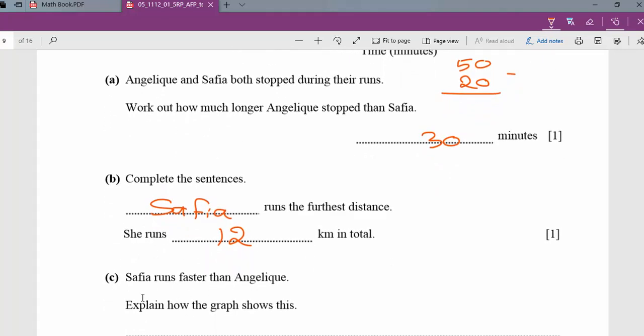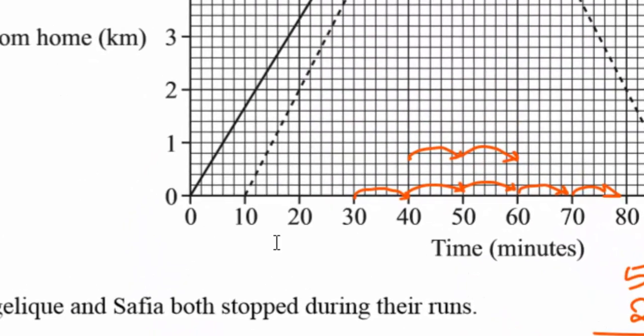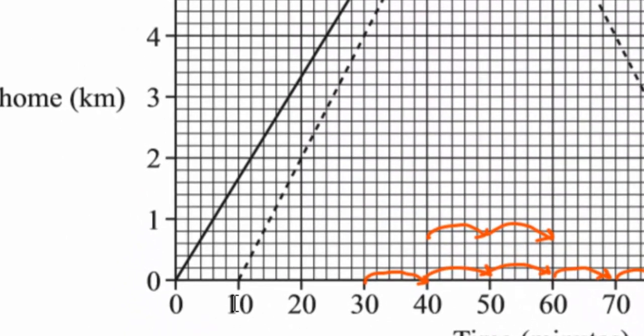Safia runs faster than Angelica. Explain how the graph shows this. The graph shows this because the line for Safia goes up faster than Angelica's. How?